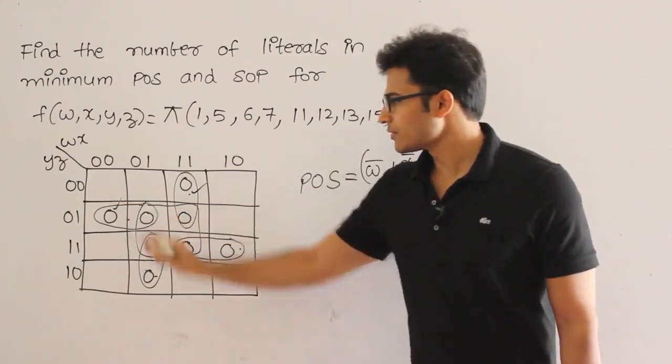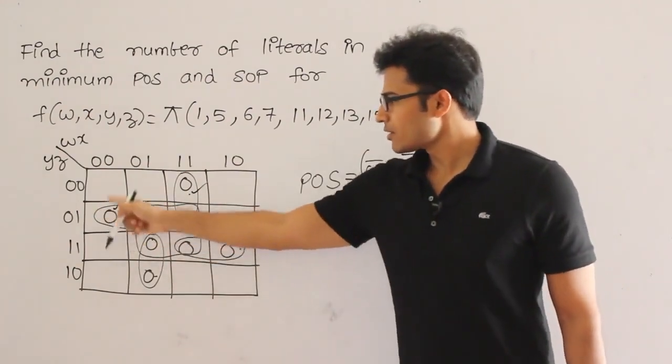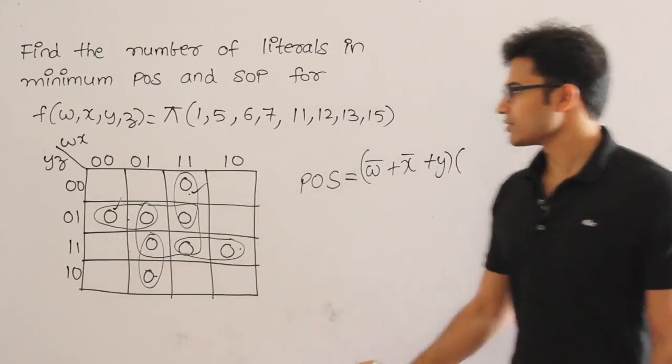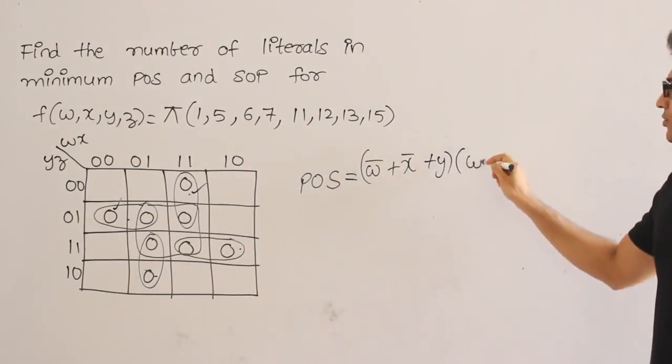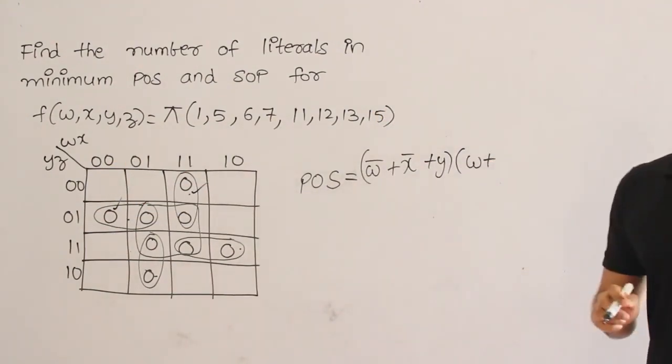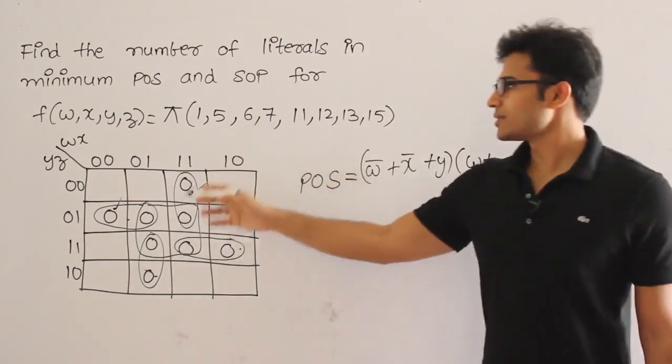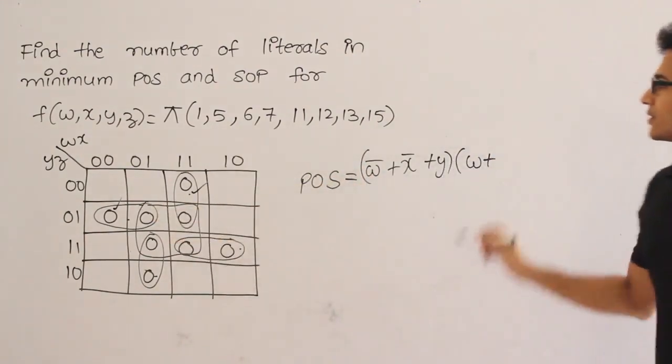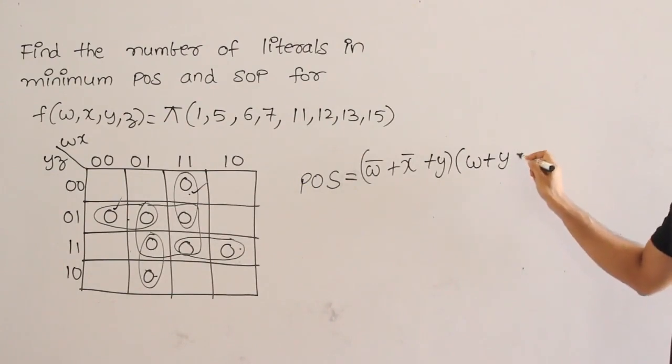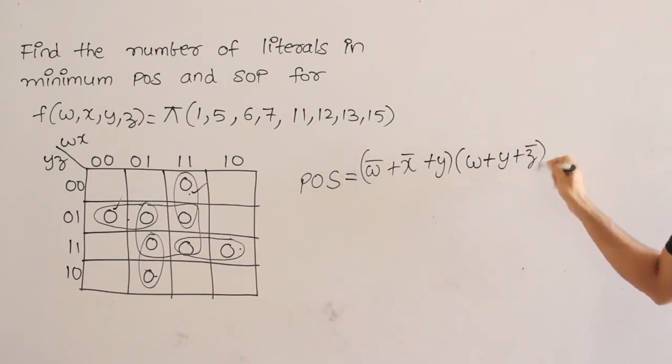Now let's choose this one. If you look at this, y and z are not changing and w is not changing. Therefore what do you write? W plus, w is not changing, right? W plus, and here y and z. So y plus z prime, because z is 1.